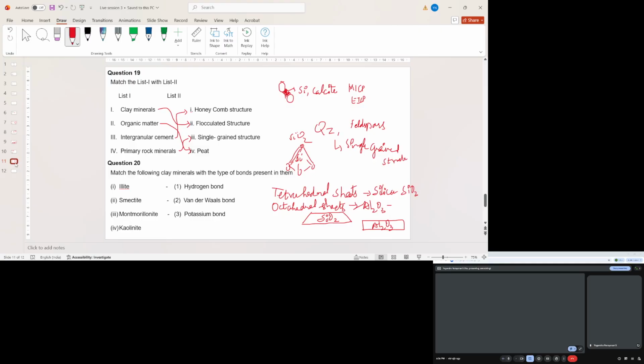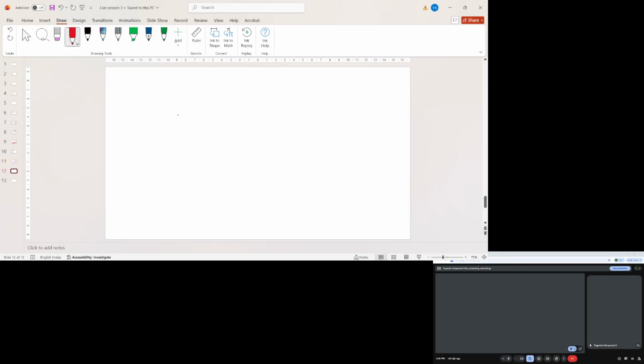Now, in this arrangement, an alumina sheet is connected to a silica sheet, alumina sheet, silica sheet, again a sheet, silica sheet.